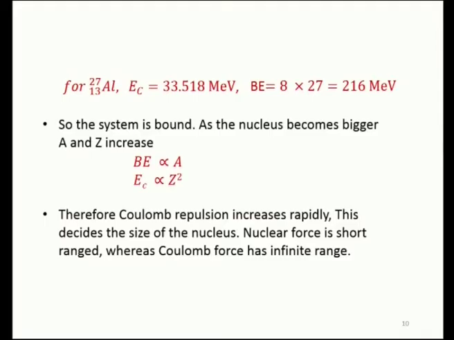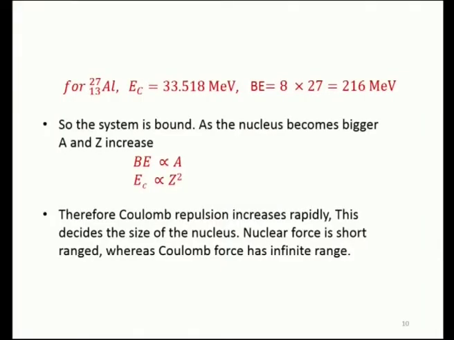So for aluminium 27, Ec is equal to 33.518 MeV. Now what is the binding energy? Why am I talking about binding energy here? This is the Coulomb repulsive energy, 33 MeV. If the binding energy is smaller, then the nucleus will not exist at all. The binding energy must be greater than the Coulomb repulsive energy, only then is it held together.